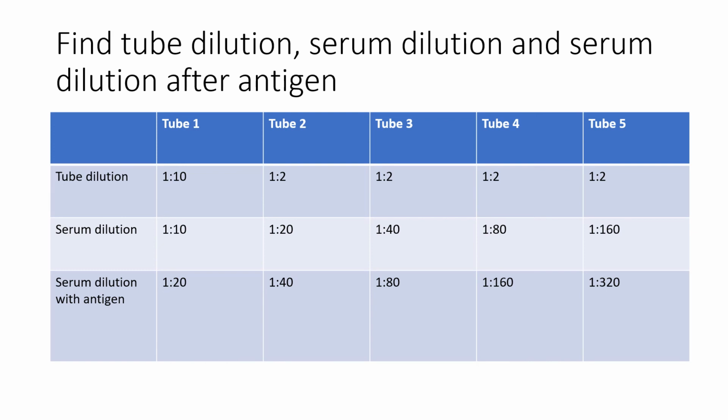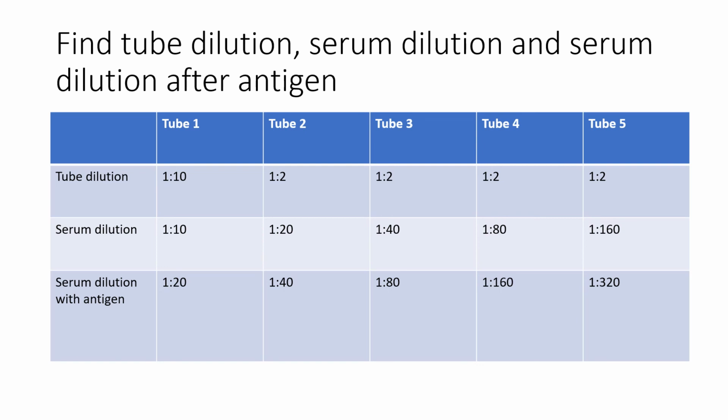Now our serum dilution in tube 1 is still 1-to-10. We have 9 parts of saline and 1 part of serum, so we still have a 1-to-10 solution in tube 1.